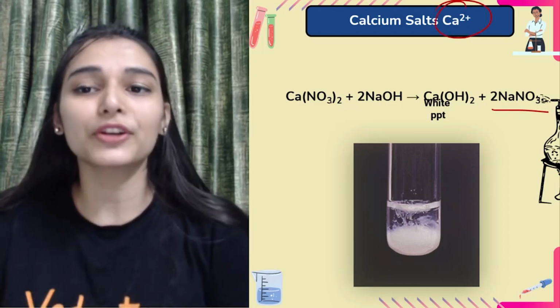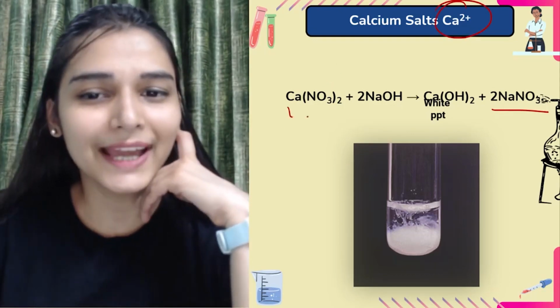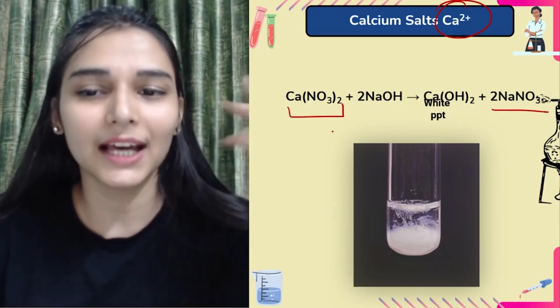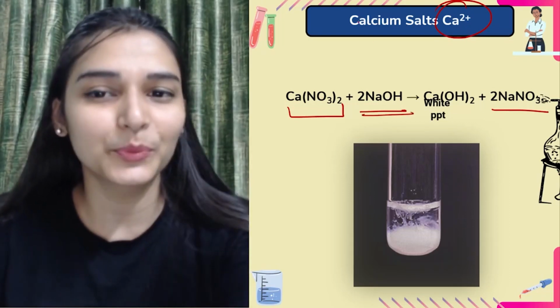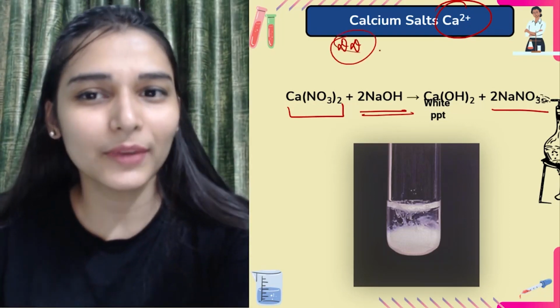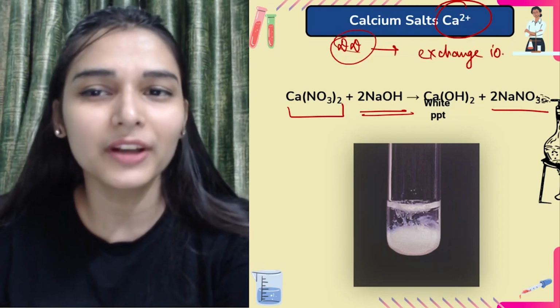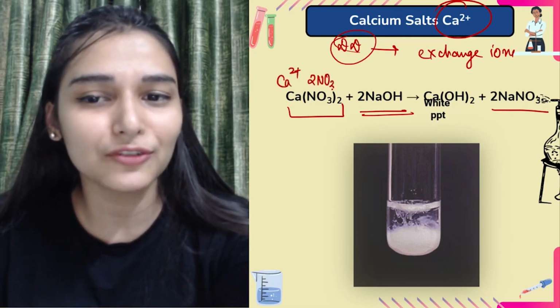So let's say we want to identify a salt of calcium metal ion. Okay, so I have taken calcium nitrate, but I don't know it is present here. I'm doing analysis, then I will be treating it with a base, and that is a very simple DD reaction. So in the DD reaction, how will you make the product? Simply exchange the ions among the reactants. Here I am having calcium ion and 2 nitrate ions.